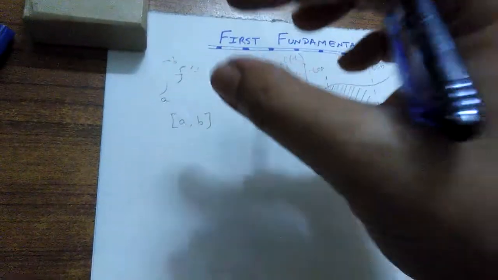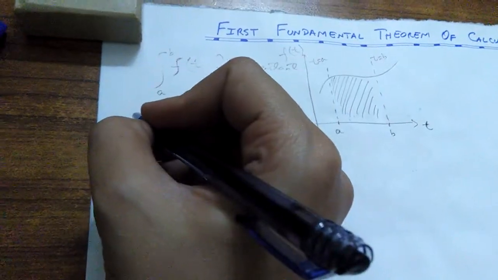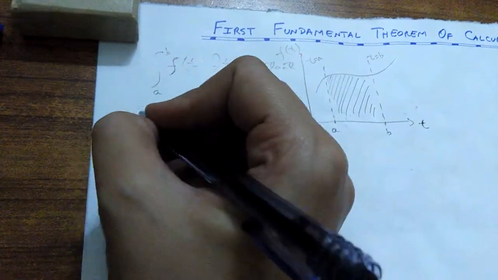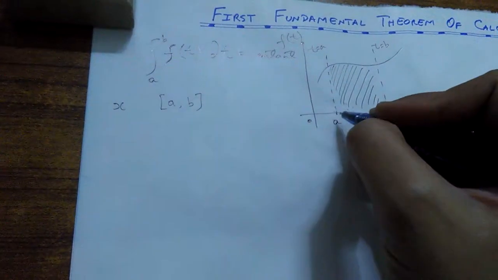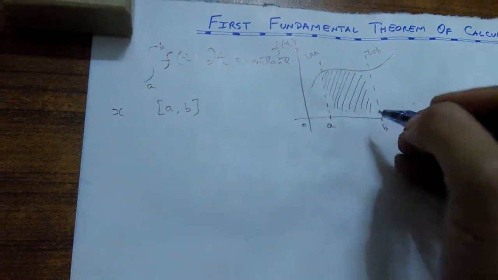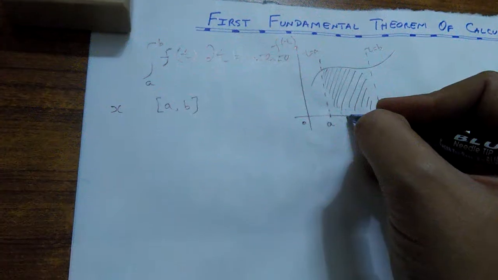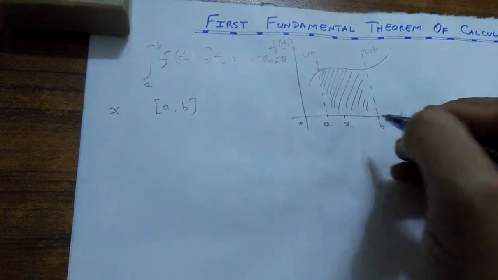So we are picking up that theorem, and we say that if there is a certain value x, any number between a and b within this closed interval where f is entirely continuous, let x be over here.